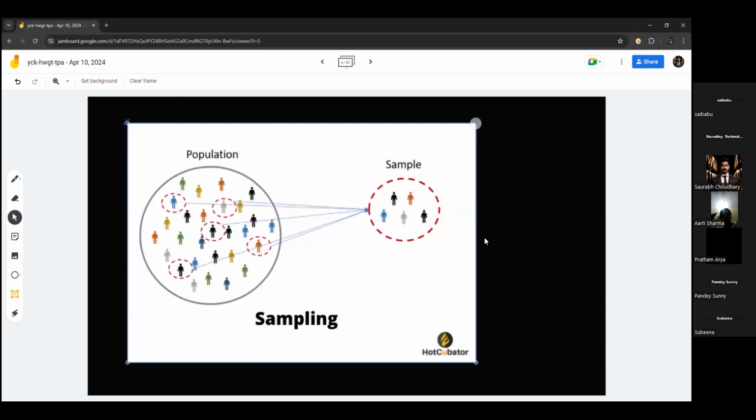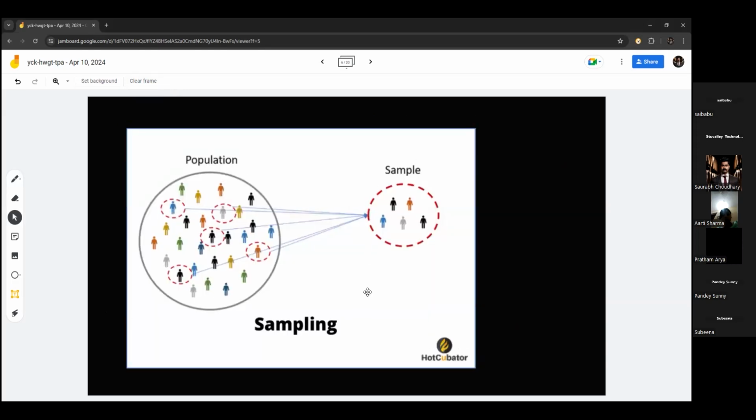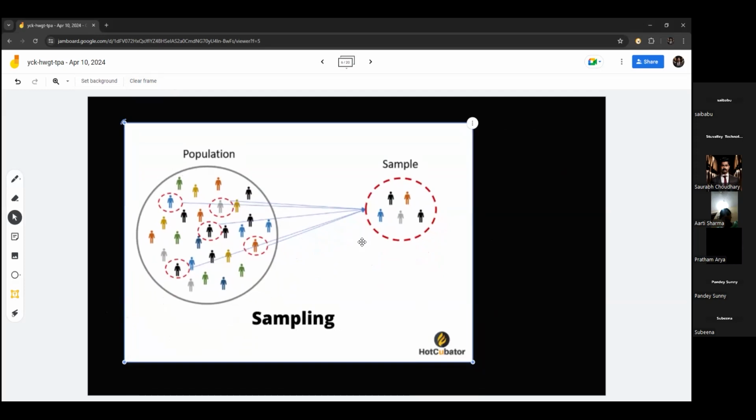See this graph, right? What do we see over here?